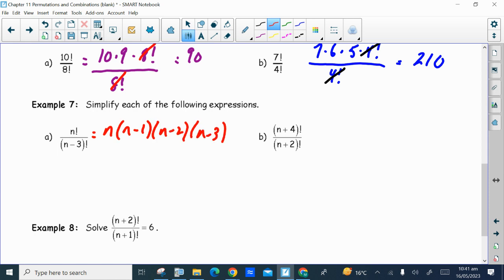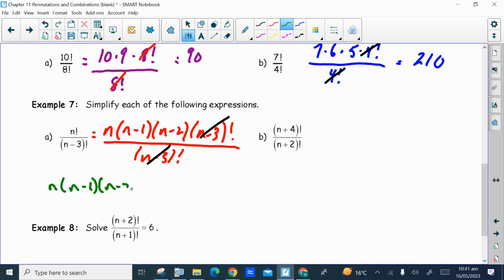And again, the last factor in the expansion always has a factorial on the end because that's our denominator. Our denominator is n minus 3 factorial. And we can divide top and bottom by n minus 3 factorial. We are left with n bracket n minus 1, n minus 2. There's the simplified expression.